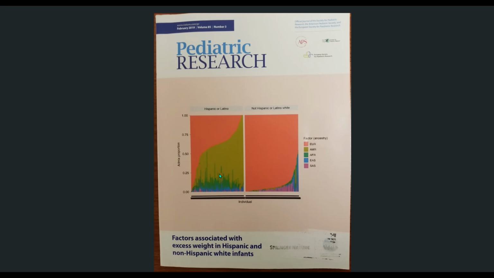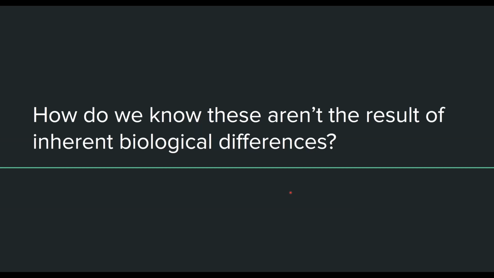Well, they did genetic analysis to look at the SNPs and to look at ancestry to try to conclude why there are differences in weight in infants. So how do we know that these differences aren't the effect of inherent biological differences? Let's go through some of the reasoning.